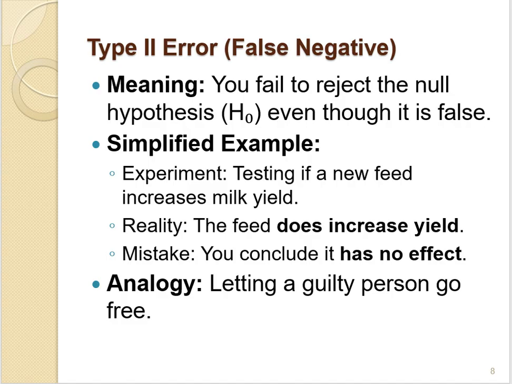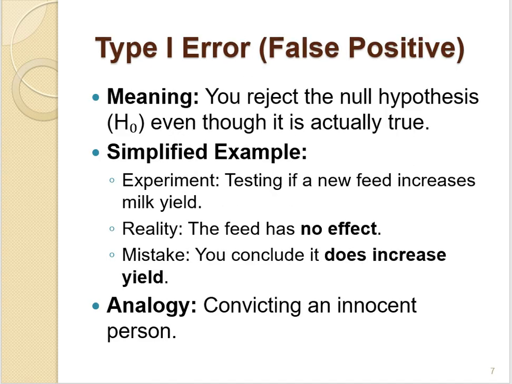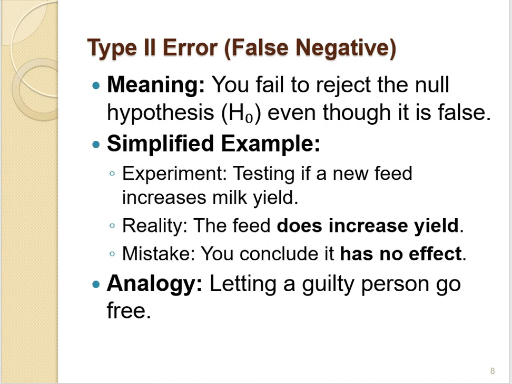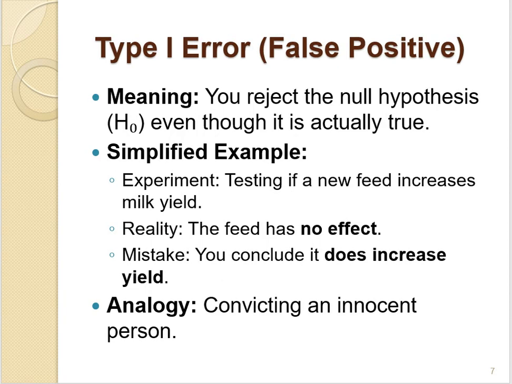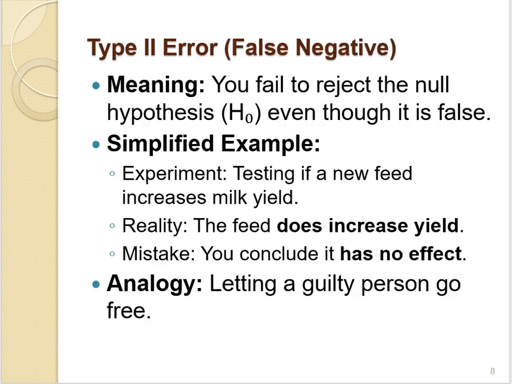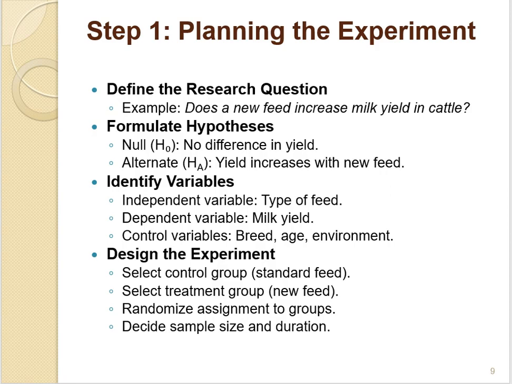So a person was a criminal, but we freed him. So these two types of errors are there in an experiment: false positive type 1 error and false negative type 2 error. So if we reject null hypothesis despite it being true, it is type 1. If we fail to reject or simply accept null hypothesis even though it is false, this is type 2 error.